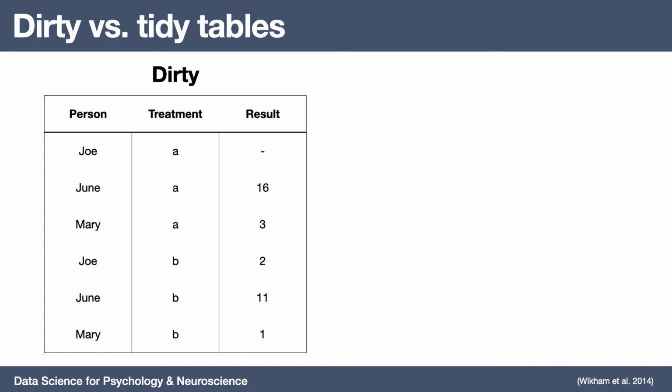So each person is not an individual row. What you have is Joe is represented in the first row and the fourth row, June in the second and the fifth, Mary in the third and the sixth. So this violates that concept of each observational unit, a person, being a single row.